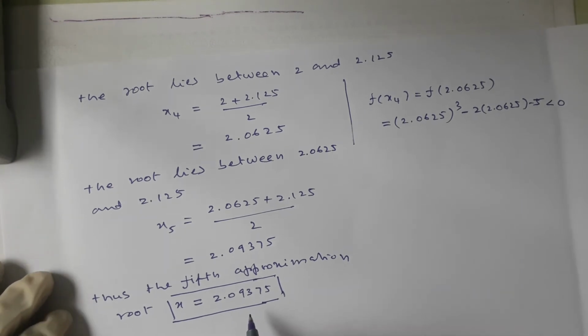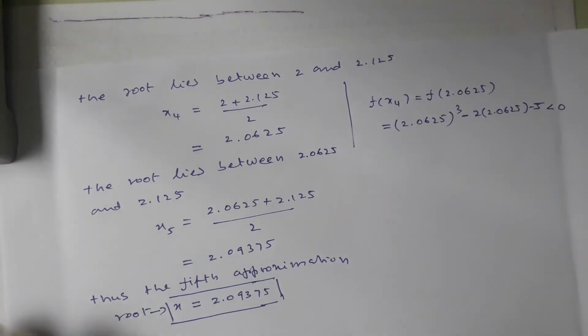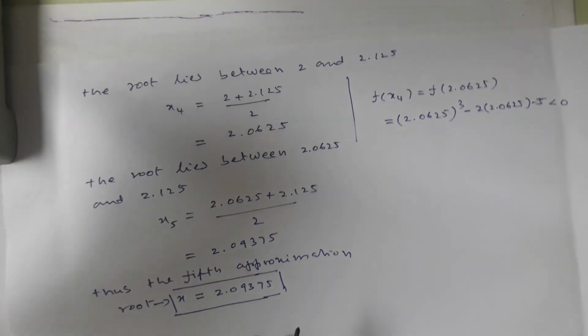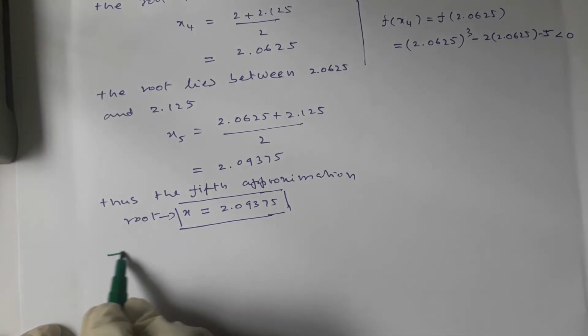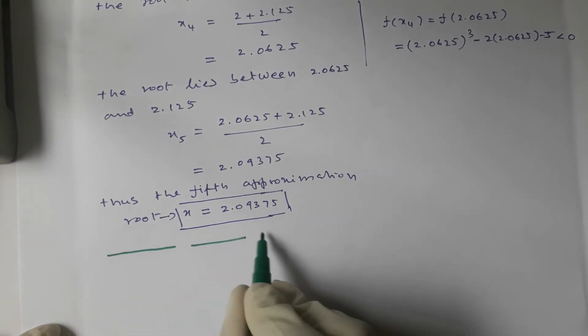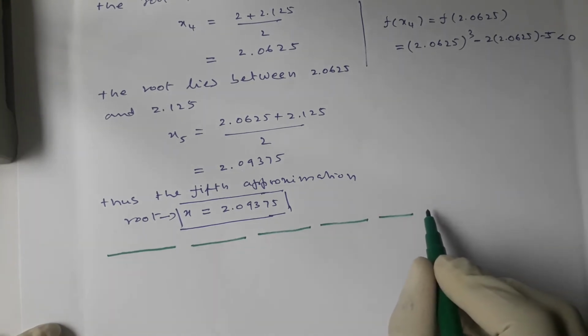So what will be the fifth approximation root? The fifth approximation root is x is equal to 2.09375. They cannot be asking for the exact root. If we proceed up to 5 stages, what will be the fifth approximation root for the given equation?